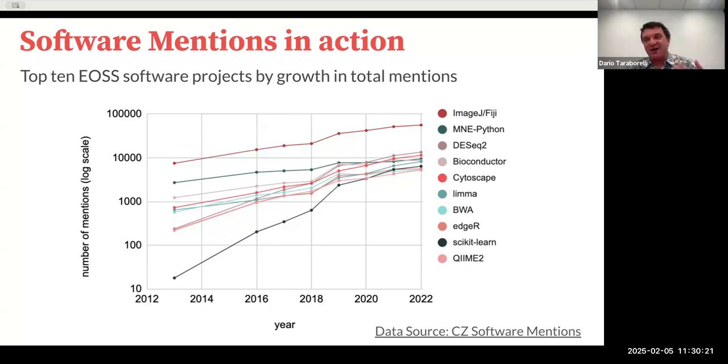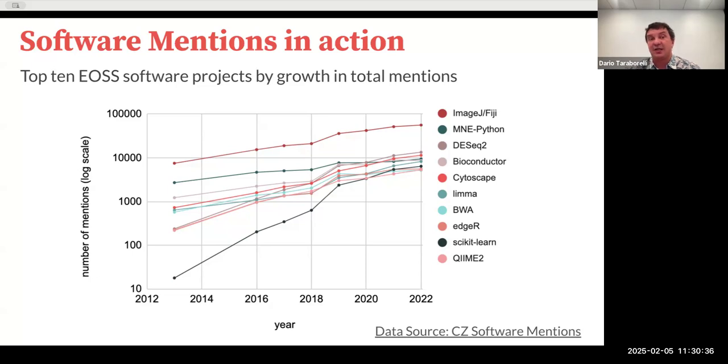If as a funder you're interested in knowing if a project is growing much faster than it was, or maybe slowing down, or becoming disproportionately popular in the field, this data can be really handy.